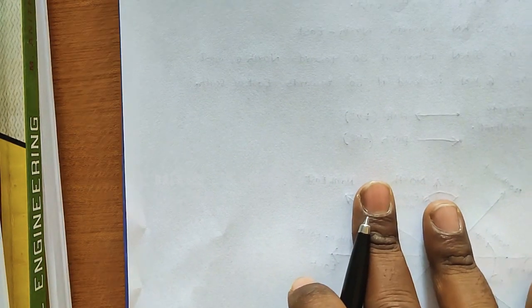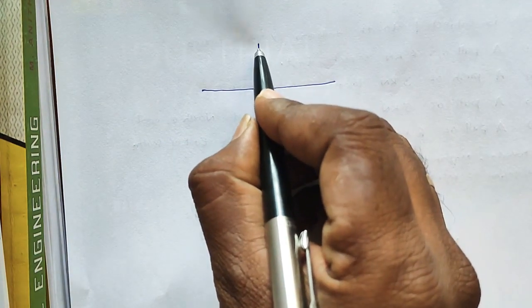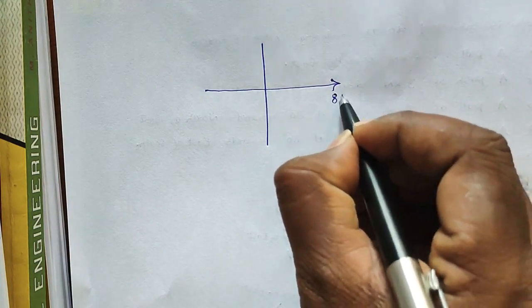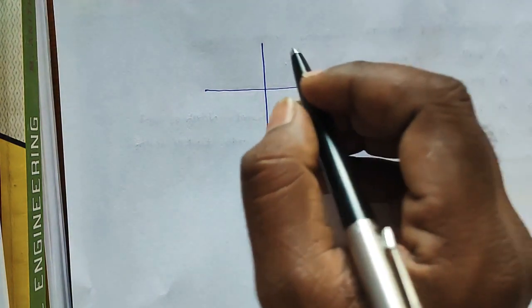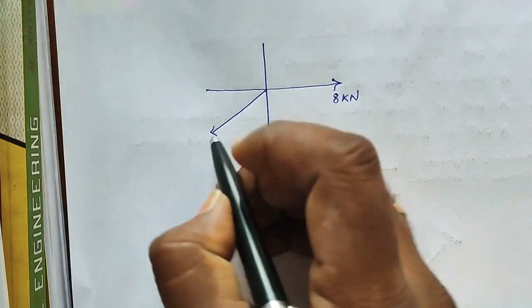So here on another page we are going to write. So this is 8 kilonewton. The 3 kilonewton we are drawing like this.